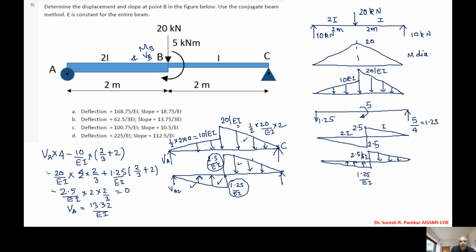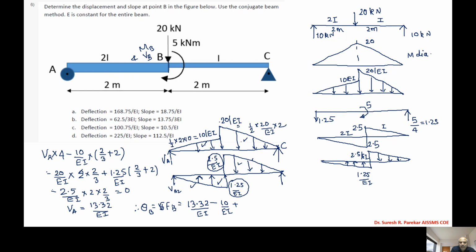Now we have to find the slope at B. So what we will get? Therefore, theta B is equal to the shear force at B, equal to VA. VA we have 13.32 upon EI, minus this area, 10 upon EI, plus this area.